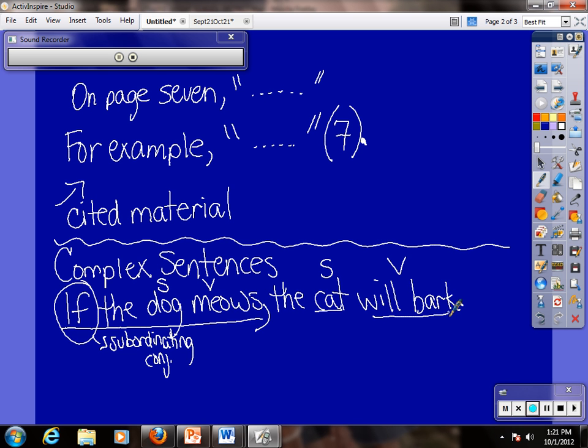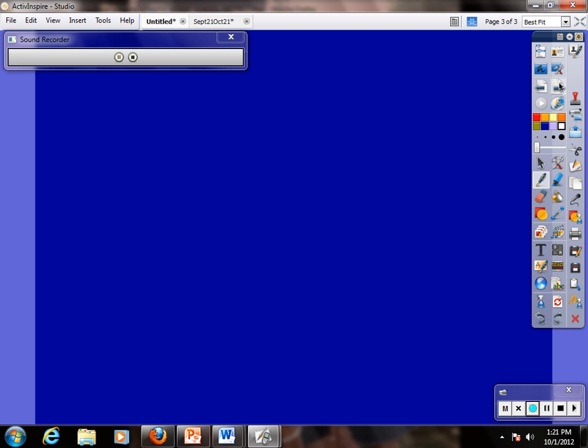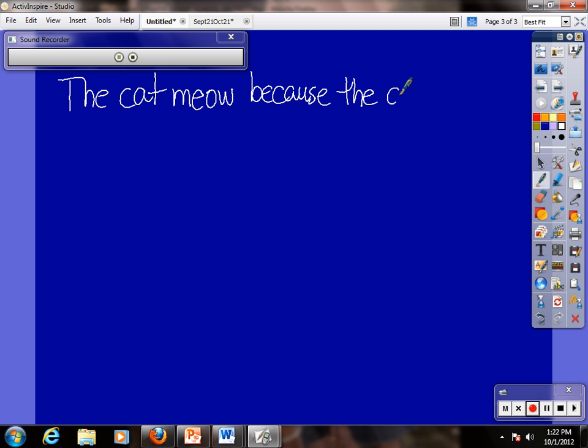For instance, the cat will meow because the dog barked. How about that? Okay, no comma right here. You do not want a comma before the because.